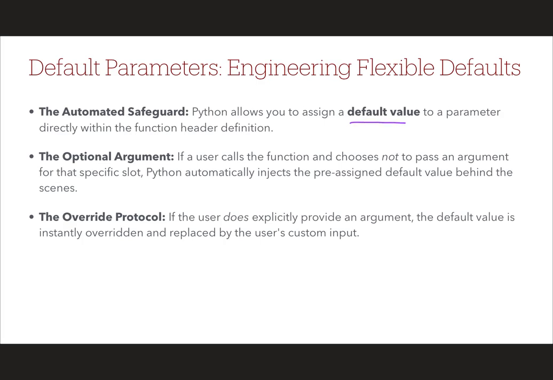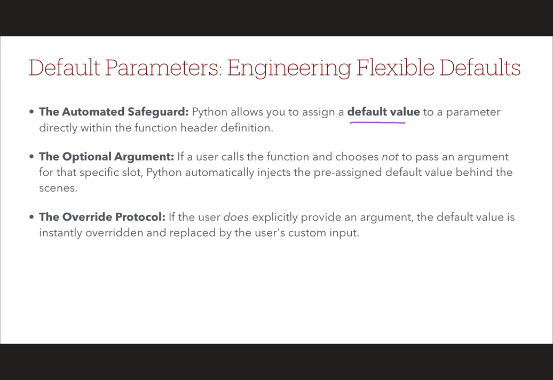That means if a user calls the function and provides a certain argument for that variable, then the parameter receives that argument value. But if there is a predefined value for a certain parameter, and if the user does not provide any argument for that specific parameter, then the default value is used.